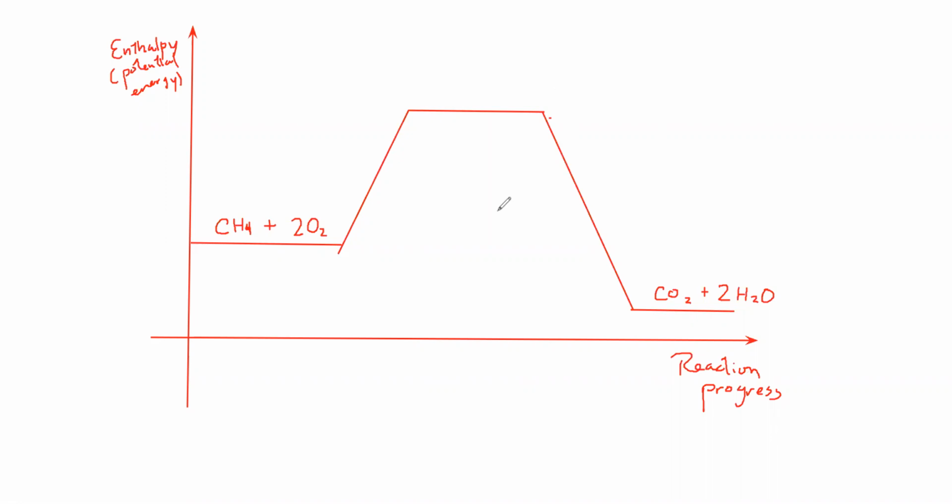So when you react this methane molecule right here with the 2 molecules of oxygen, first we have to give it enough energy. So I'm going to label each of these sections with a number, and we're going to label these numbers together with a definition that will help you explain all of this.